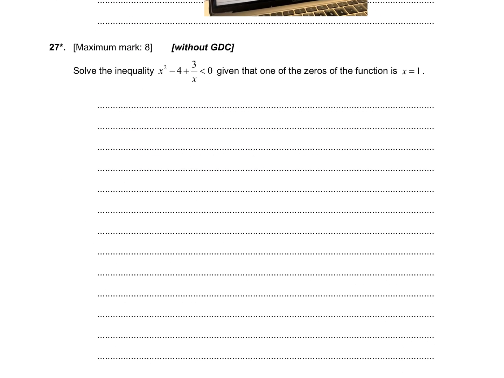All right, so for 27, solve the inequality given that one of the zeros of the function is x equals 1. So if we get the same denominator, we're going to have x cubed minus 4x plus 3 all over x. And we know that x equals 1 is a 0.